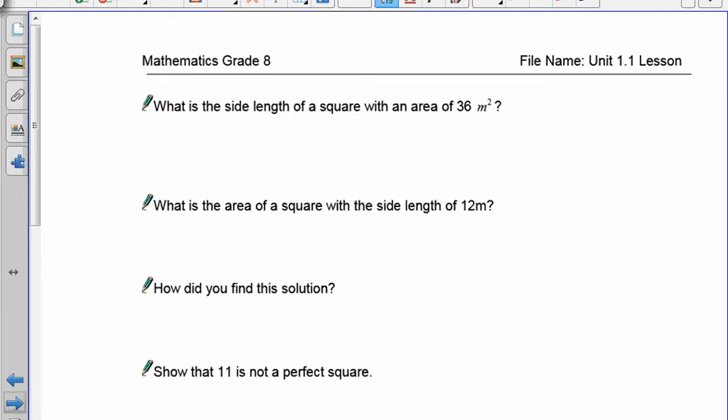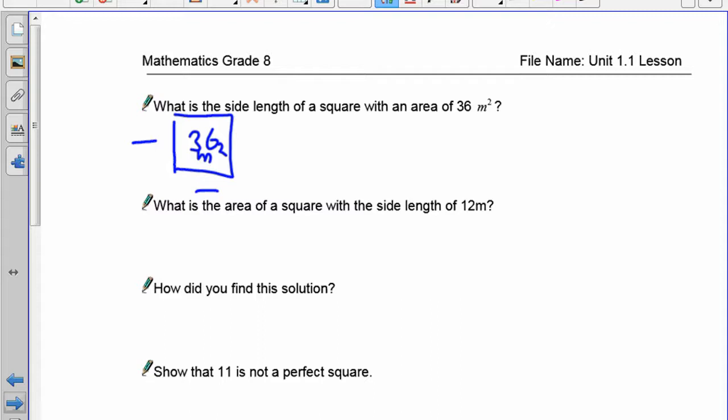All right, so now let's go backwards. What if I told you that the area inside a square is 36 meters squared, and I want you to tell me what is the side length. And remember, this is a square, so that means that those two numbers must be the same number.